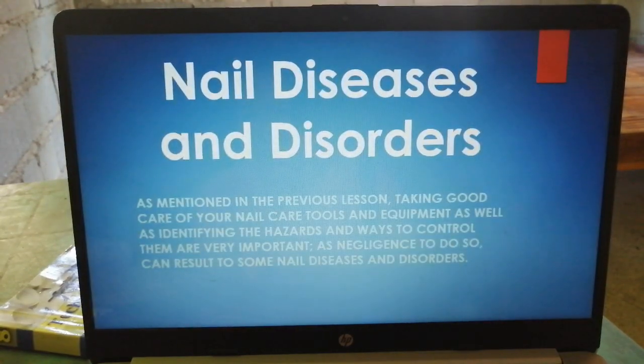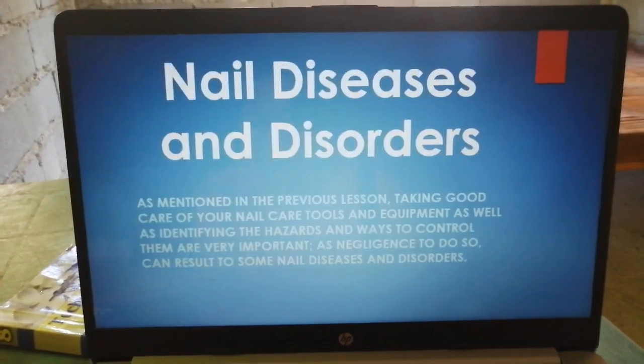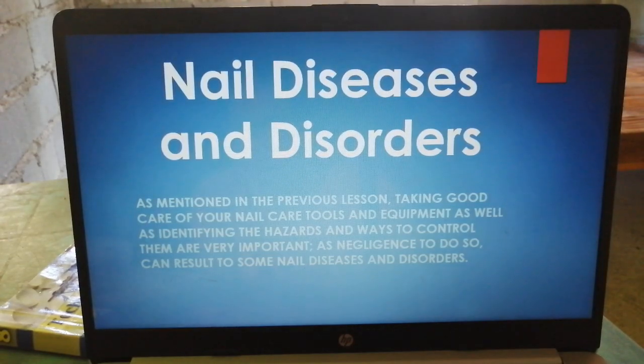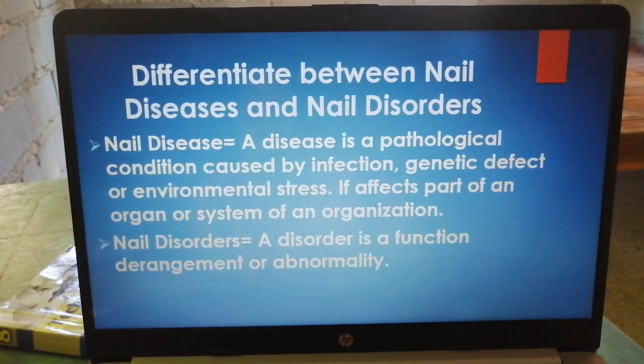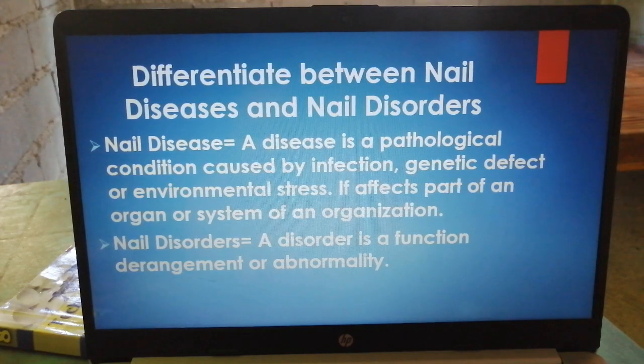Okay, so now, let's move to nail diseases and disorders. Let's differentiate what is nail diseases and what is nail disorders. When we say nail diseases, a disease is a pathological condition caused by an infection, genetic defect, or environmental stress.